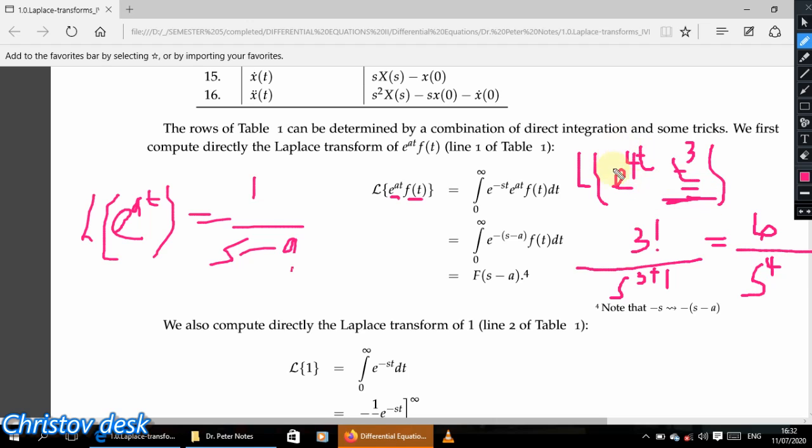Because this has been multiplied, to take the Laplace of the entire thing, I just have to shift this s by 4. So the whole thing boils down to 6 over s minus 4, all raised to the power 4.